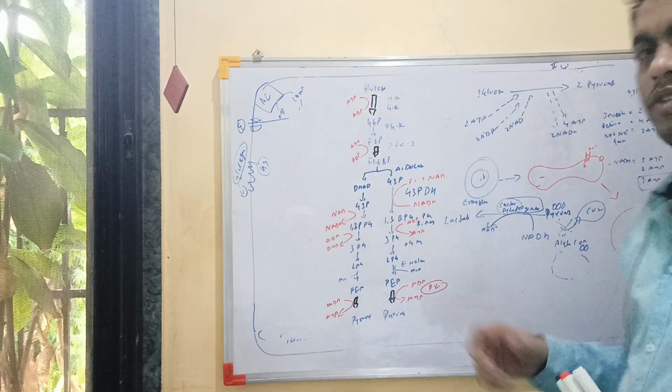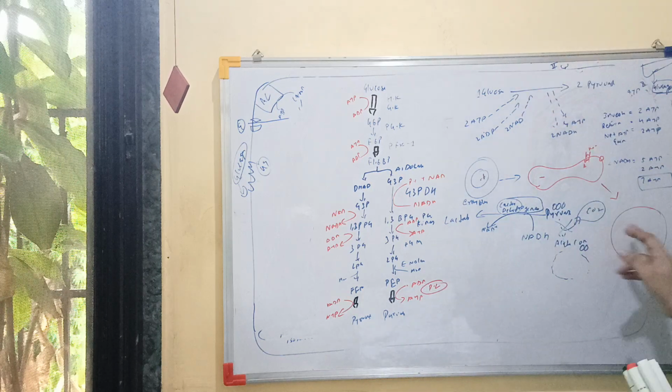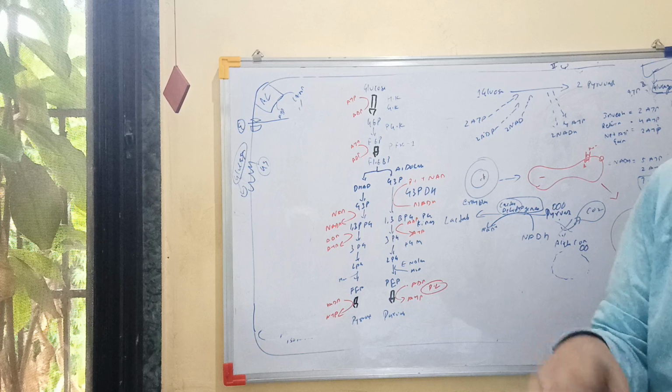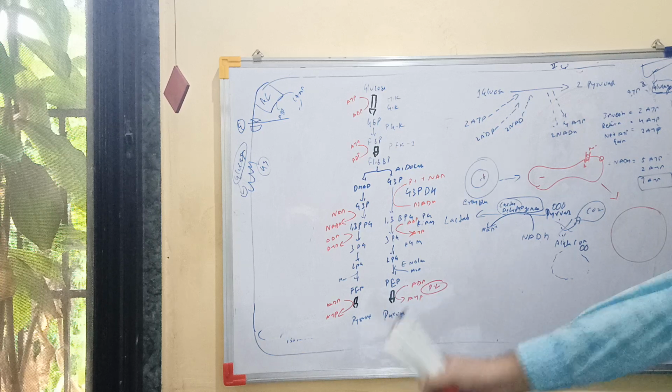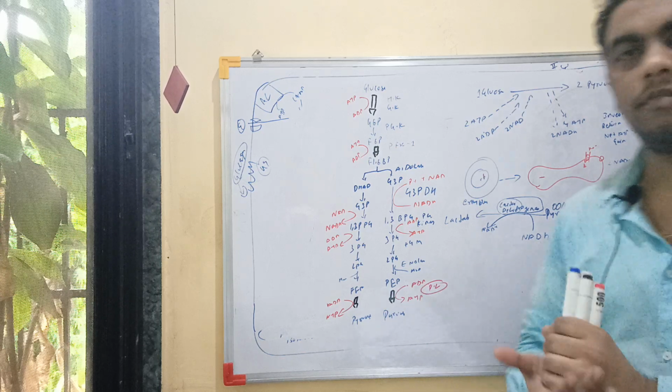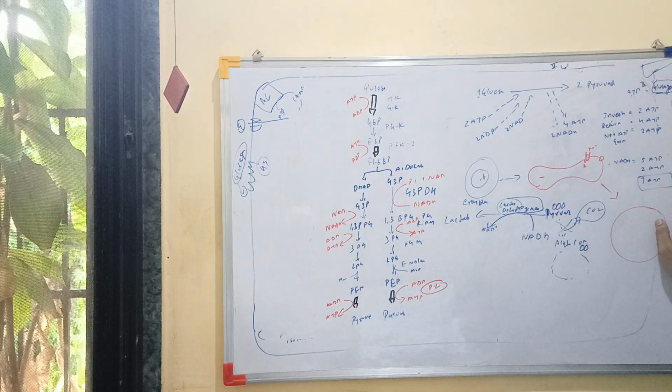But this RBC goes into the spleen and dies prematurely, and that's why the RBC count goes down. Because of this premature hemolysis, the person might be anemic.